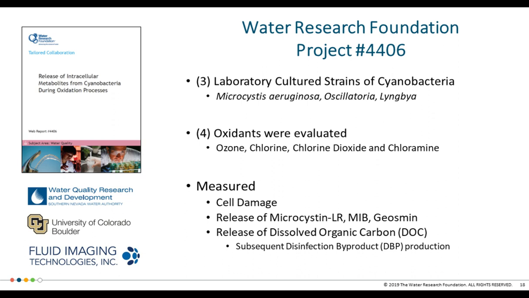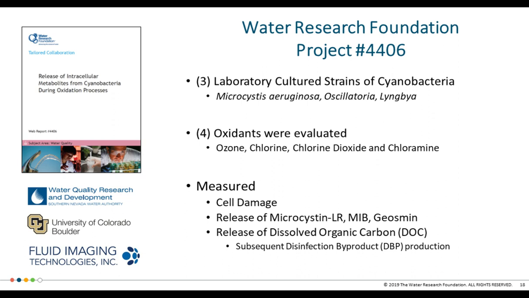So this was performed between 2011 to 2013, and we collaborated with the University of Colorado and Fluid Imaging Technologies. We looked at 3 laboratory cultured strains of cyanobacteria, as you see them listed there: Microcystis, Oscillatoria, and Lyngbya.